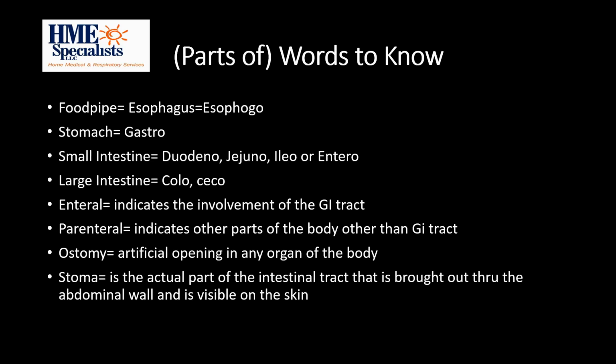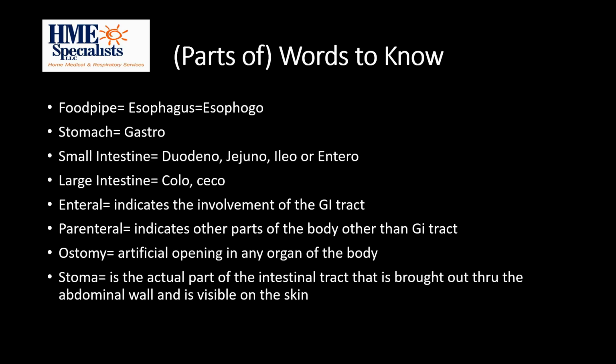The word ostomy just basically means an artificial opening at any organ of the body. And lastly, the stoma is the actual part of the intestinal tract that is brought out through the abdominal wall and visible on the skin, which is basically the hole in your intestinal tract.